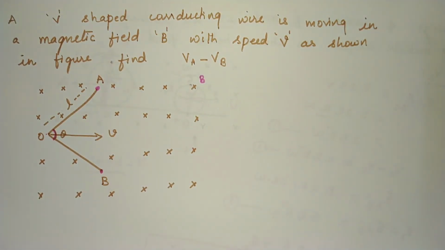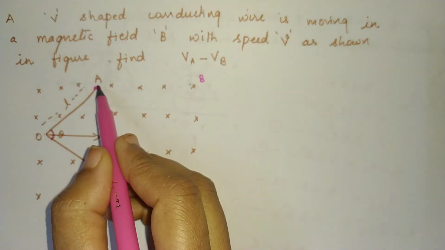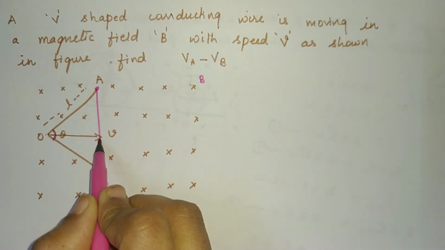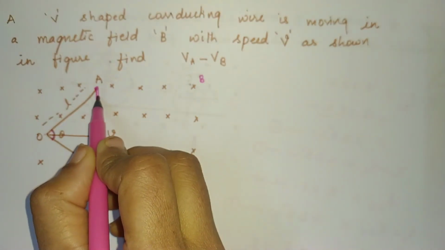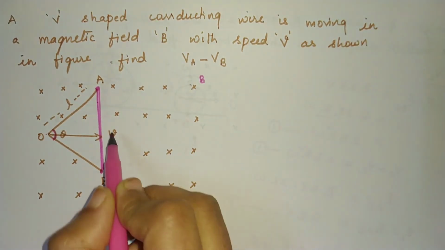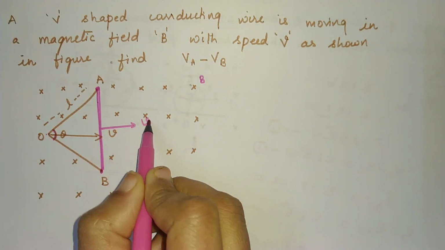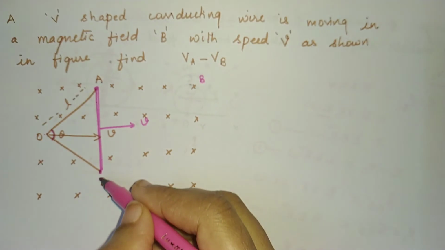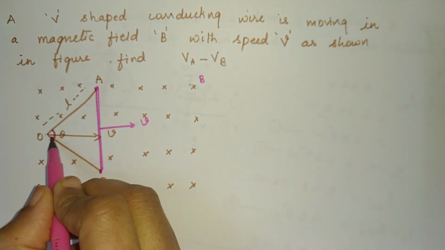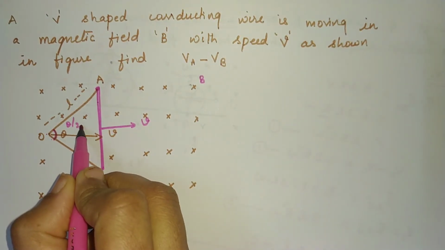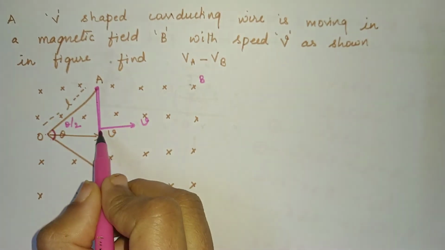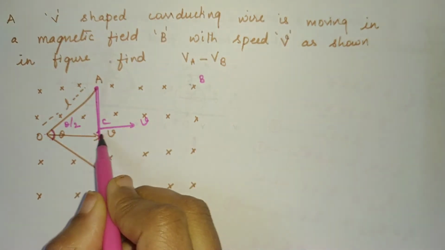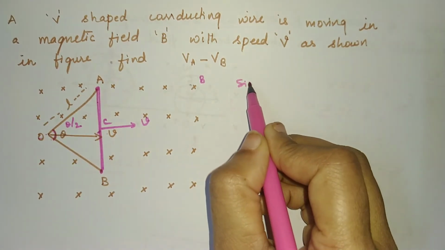A and B. Okay, just now I told you, whenever your conductor is of irregular shape, replace it with an effective length. I will calculate this length from A to B, and it is moving with a velocity V. So find out what is the length of this AB. If this whole angle is theta, can I take it as theta by 2? The center point, if I call it as C, from this triangle, what is sine theta by 2 equal to?